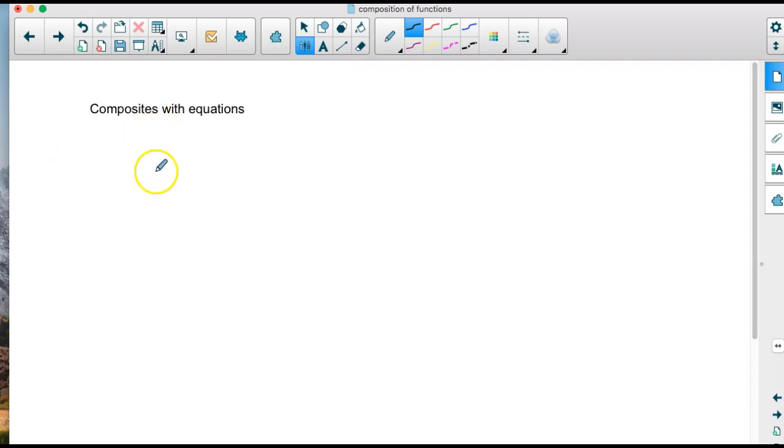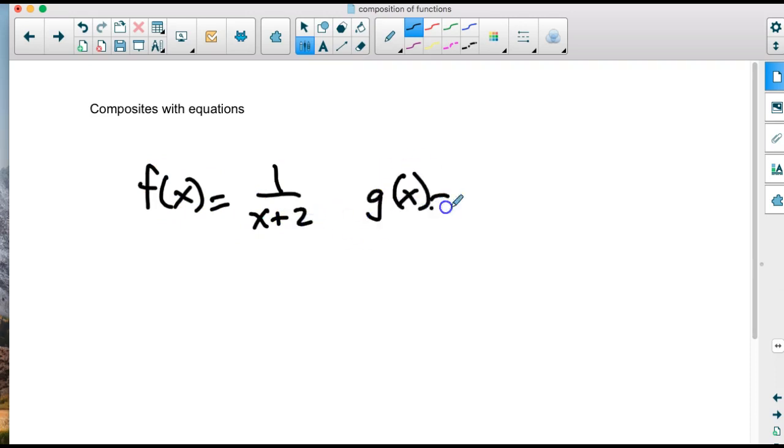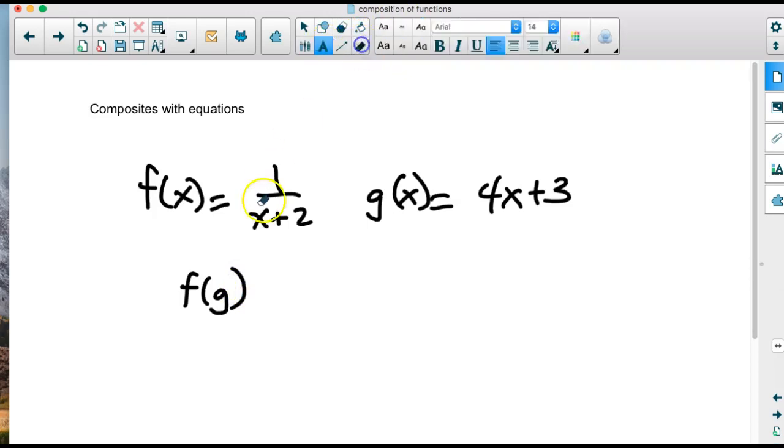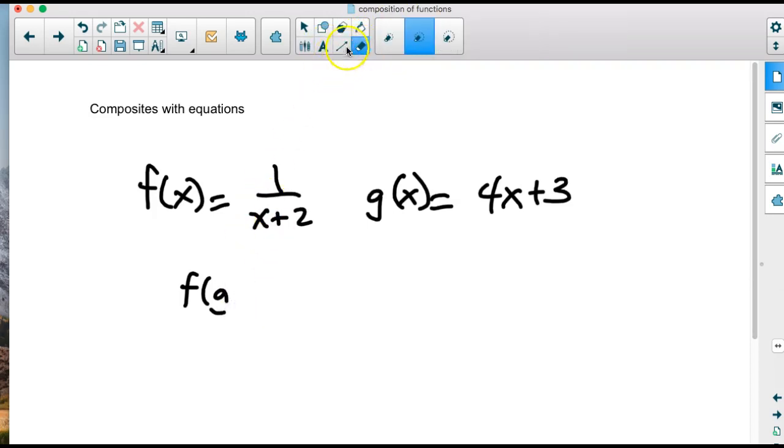So if we have equations like f of x equals 1 over x plus 2 and g of x equals 4x plus 3, and then we find f of g of -1. Whoops, let's try that. F of g of -1.